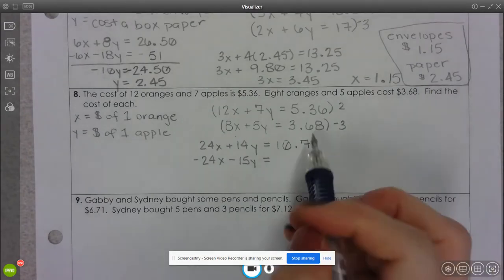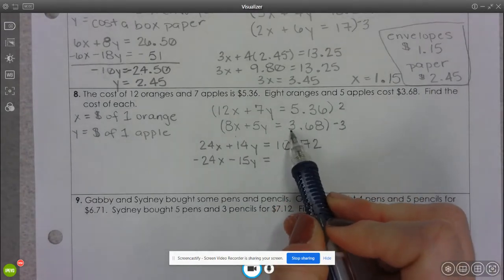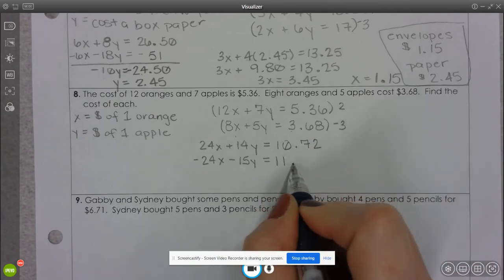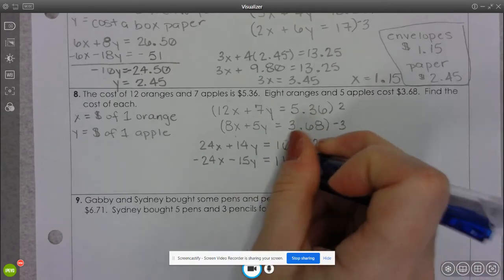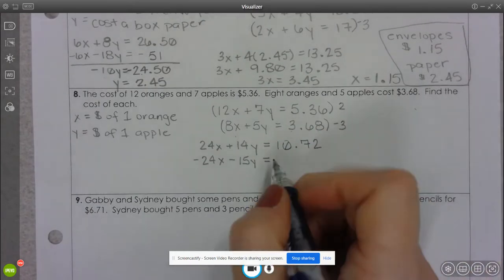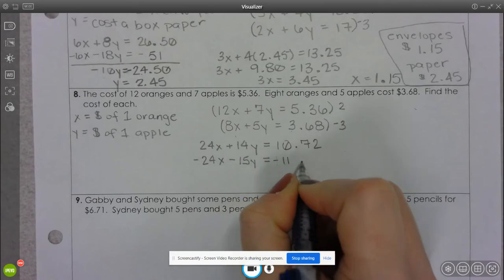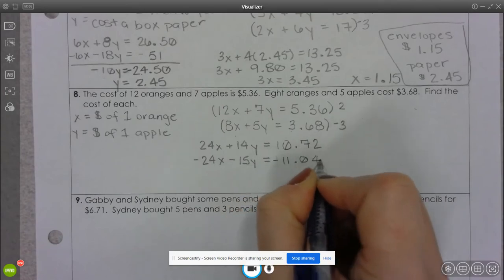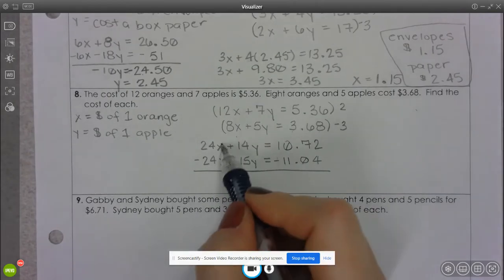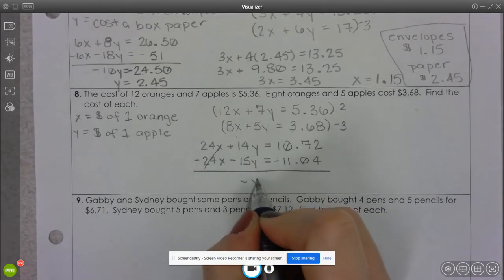So if I do 3 times 3, that gives me 9. Multiplying 0.68 by 3 is going to bring me to a total of, oops, this is negative. Negative 1104. All right, those are going to be 0. This is going to be -y.